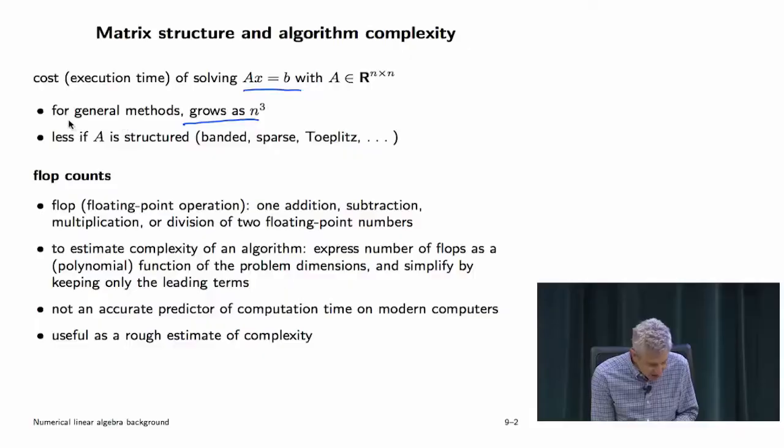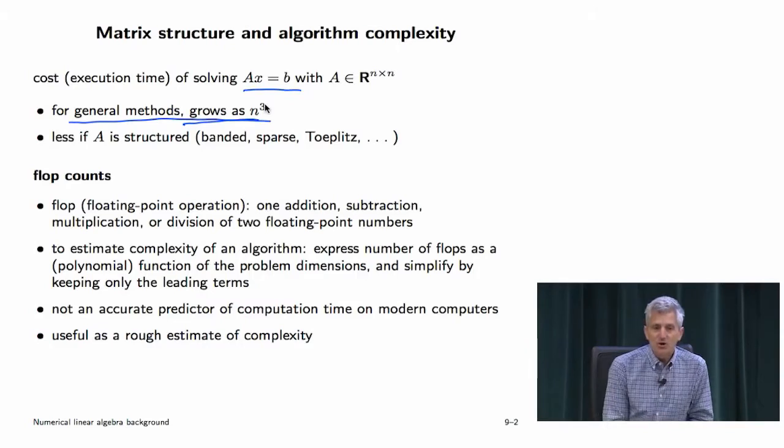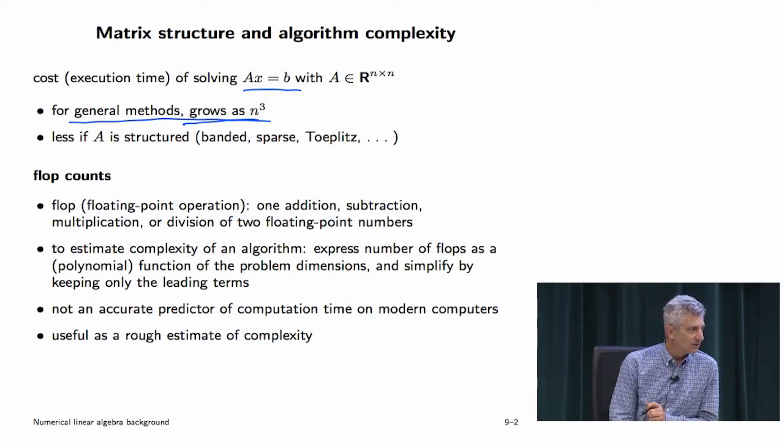So basically for the generic methods, this grows as n cubed. And I'll tell you shortly what the generic methods are. And this is the part that I think I want everybody to know. When A is structured, and we'll talk about all sorts of structure, it's way faster, or generally substantially faster than n cubed.